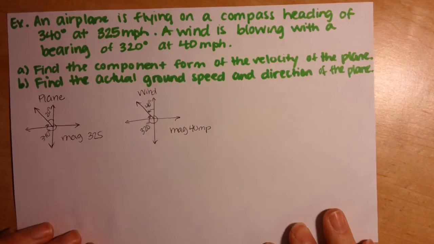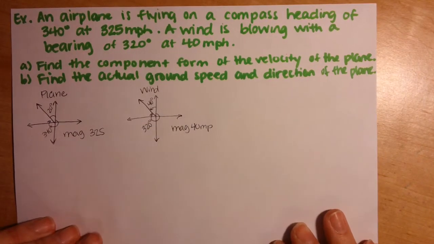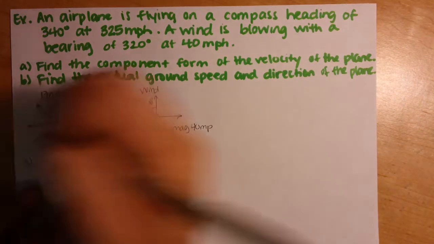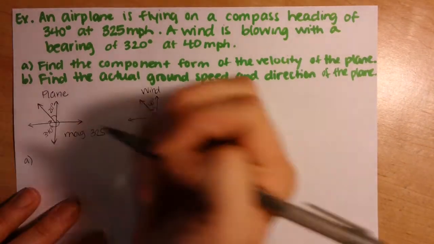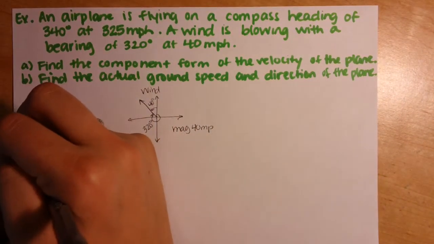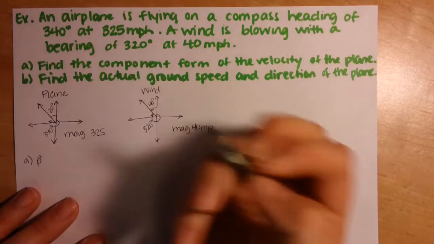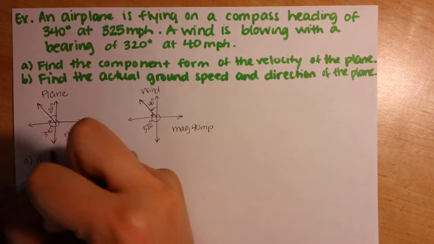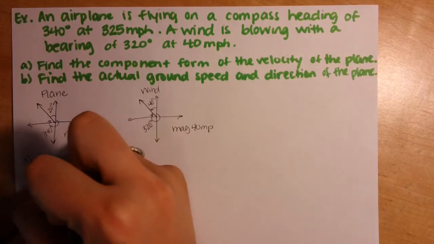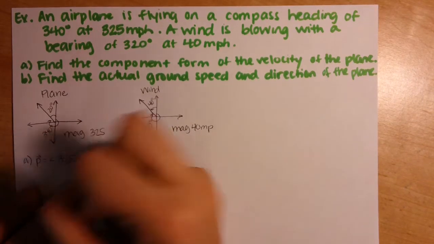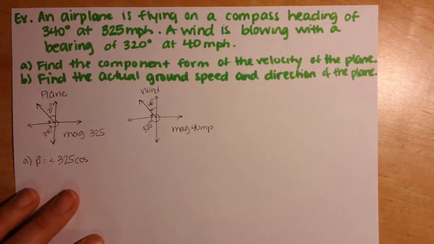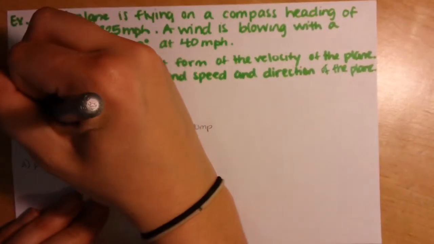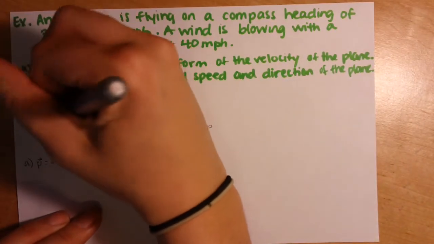So I want to find the component form of the velocity of the plane. So let's look at just the plane first. So our plane we'll call P. It will be our magnitude, which is 325, cosine of the angle. So the angle is this whole angle there. So that's 110.